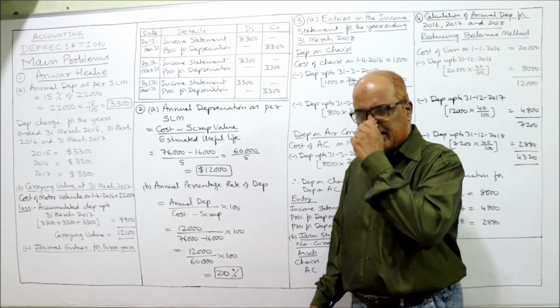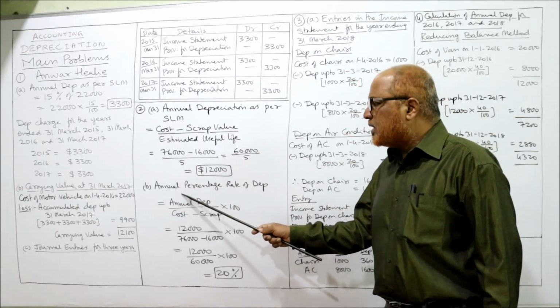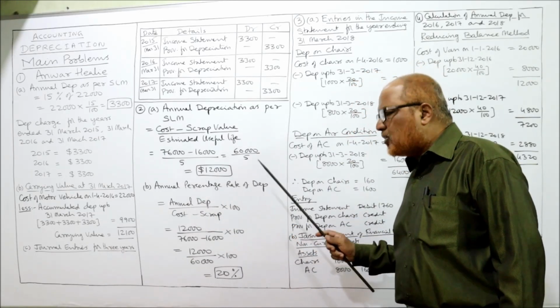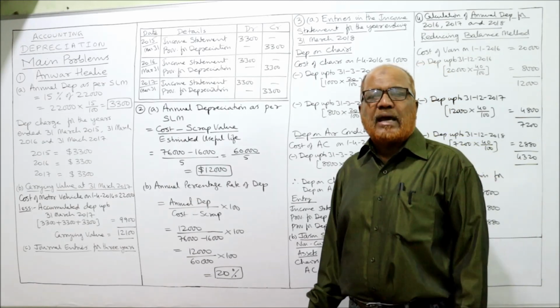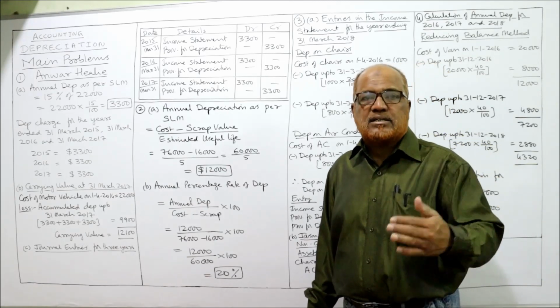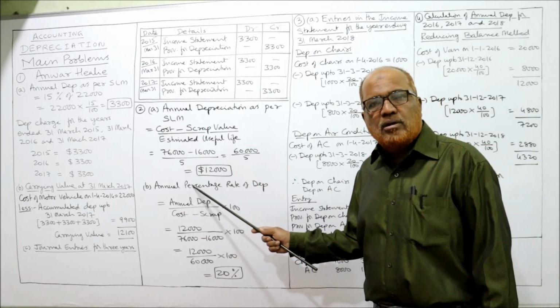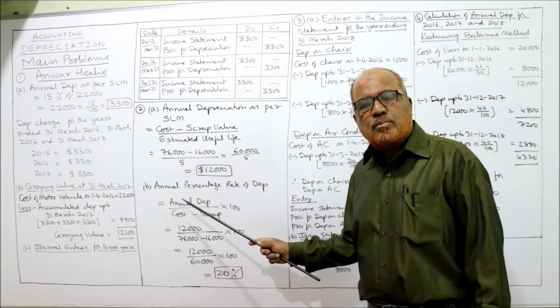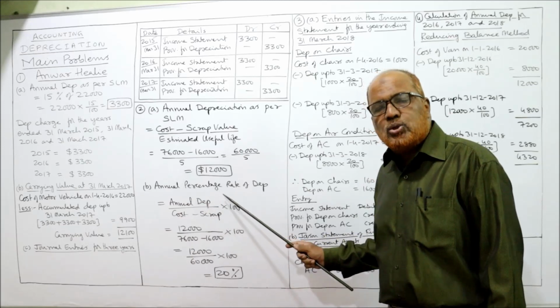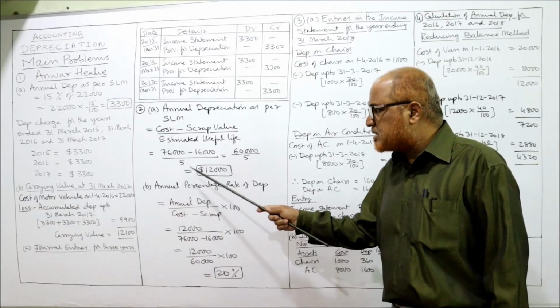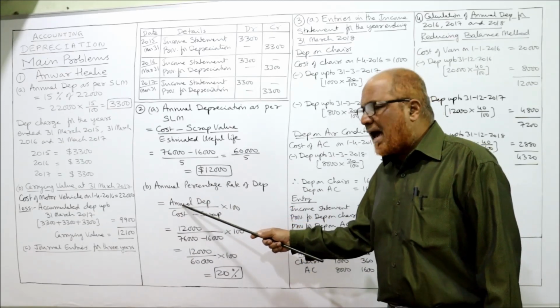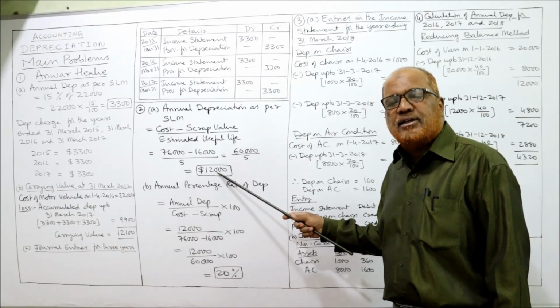Next, second question. What is the annual percentage rate of depreciation? We have to calculate the annual percentage rate. For that, we have the formula: annual depreciation divided by cost minus scrap, into 100, because we need a percentage. The annual depreciation we have just calculated is 12,000.